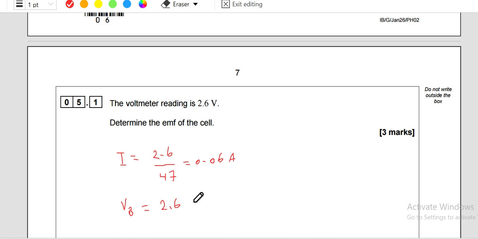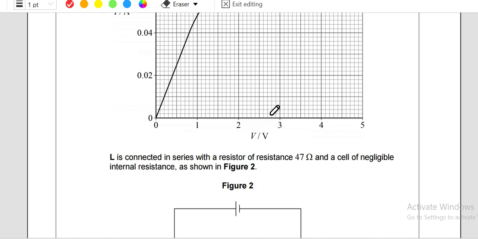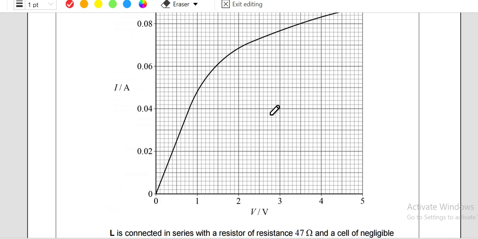the lamp. And to find it, we have the curve here. We can enter by 0.06, the current, and we will find that the corresponding potential is here.